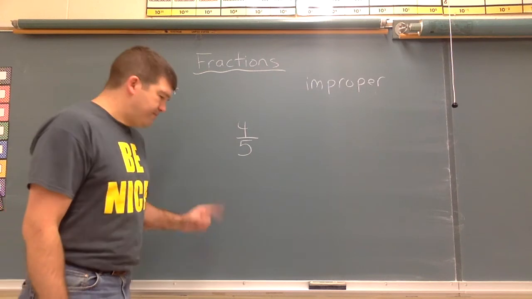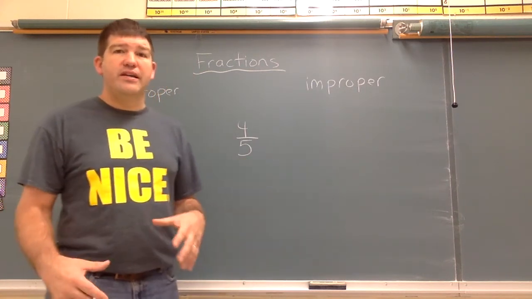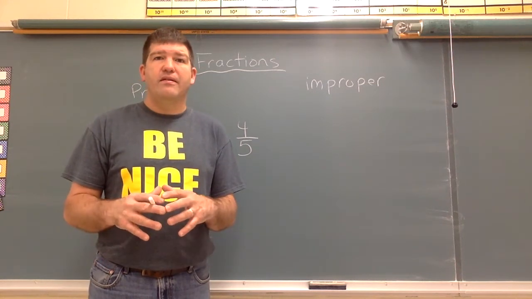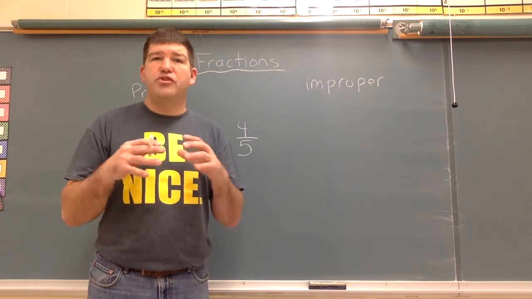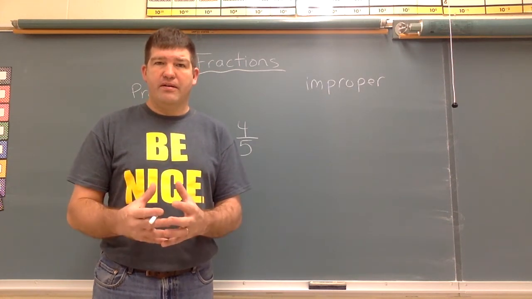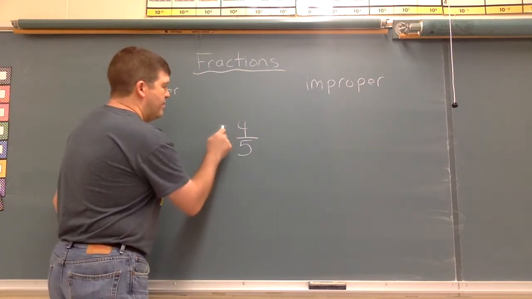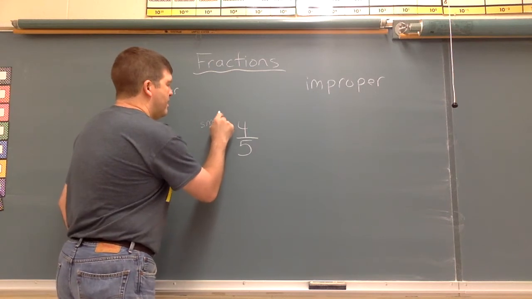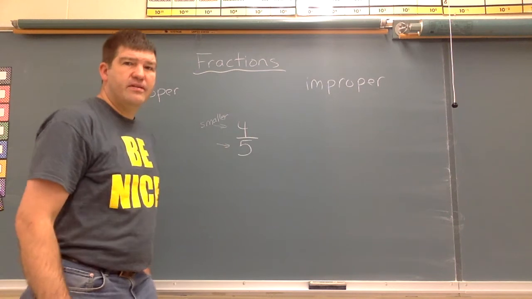And now, proper fraction means that you are dealing with just a part of the whole. You're not dealing with anything like a whole and then some more. You're dealing with just the part. So in a proper fraction, the top number is going to be smaller than the bottom number.